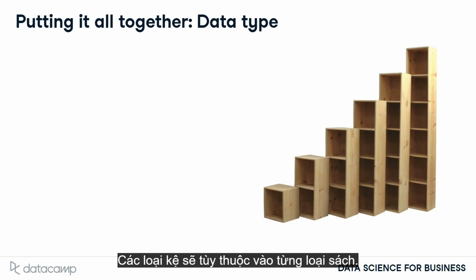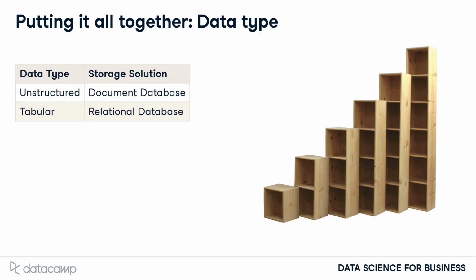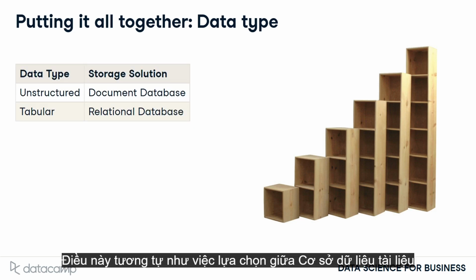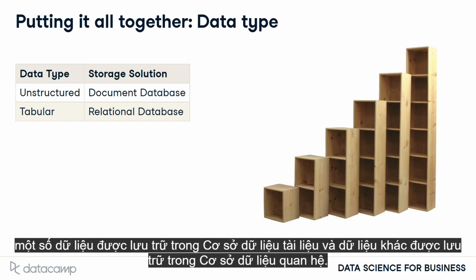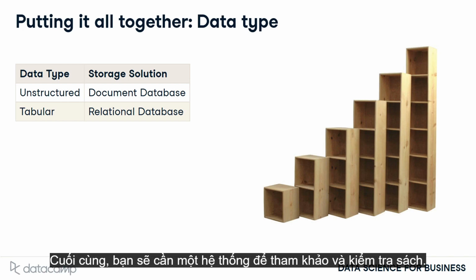Next, you need to decide what types of shelves to install to store your books. The types of shelves will depend on the types of books. This is analogous to choosing between a document database for unstructured data or a relational database for tabular data. Just like a library might have multiple types of shelves, you might need to have some data stored in a document database and other data stored in a relational database.